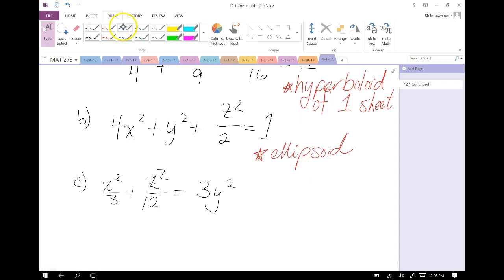The only time that we ever left a variable alone on the other side was if it's a linear variable, and that's not a linear variable. So we could move it back over to the left, and if we do that, it's going to be equal to 0. So it's going to be an elliptic cone.